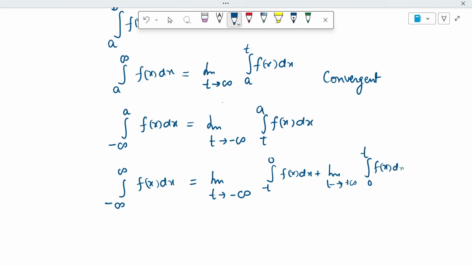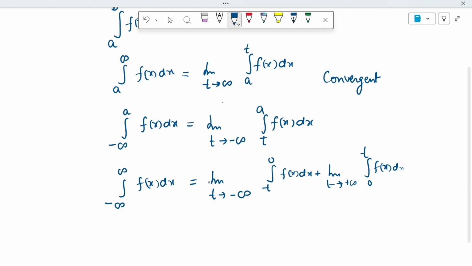So in this way we have three types of problems where the limit is from a to infinity, then minus infinity to a, and minus infinity to infinity.